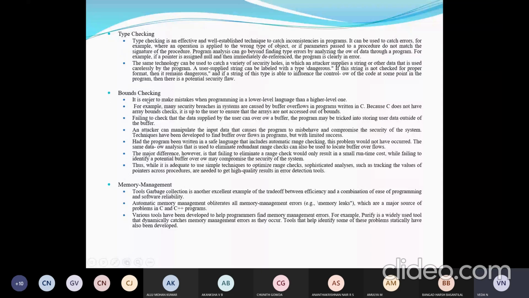Next, bound checking. There can be some security breaches in systems where buffer overflow occurs and all such things. Maybe it just failed to use the particular memory at that particular time. Suppose whenever you are using arrays, you know they are static things.